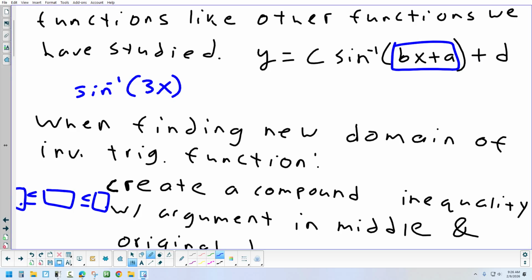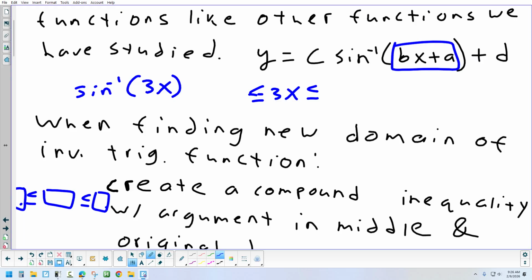So when you set up your inequality, and I'm not going to do this whole thing out, I'm just kind of showing you how it works. You get your argument in the middle, and then your original domain on the left and on the right. What is the original domain of inverse sine?